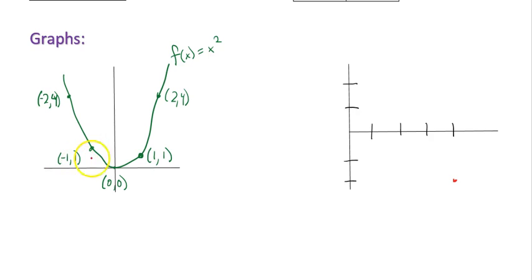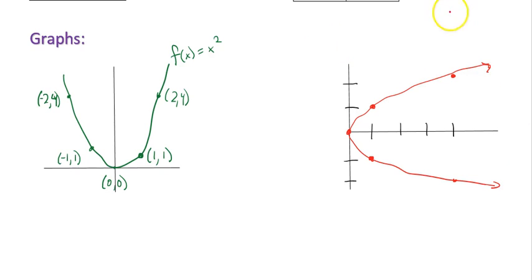If I switch the x and y, I have 1, negative 1. 0, 0, obviously, if you switch those they don't change. 1, 1, if you switch those they don't change. And then 2, 4 switched is 4, 2. And so if we connect this, it is basically turning that parabola sideways.